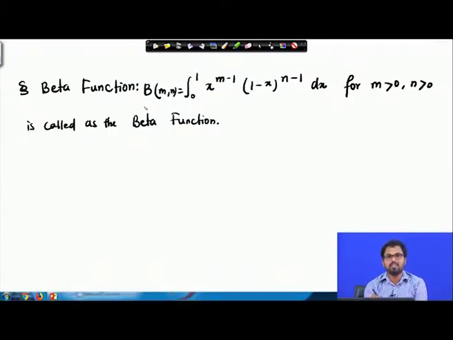Some people also write it as beta. Instead of writing B, they use the symbol beta because it is called the beta function, but we will write B for this integral.